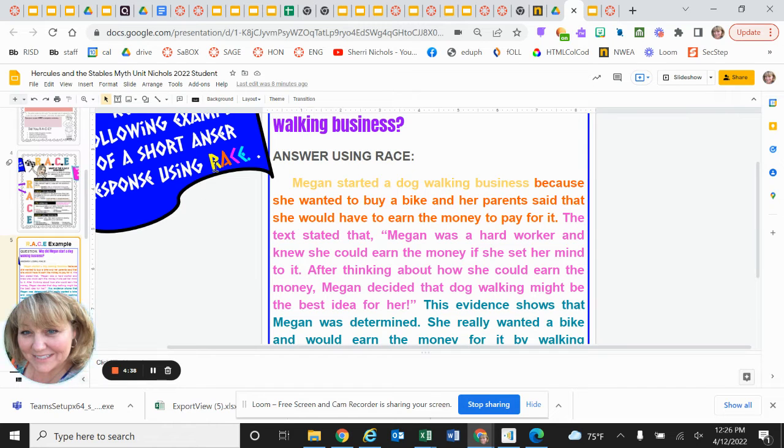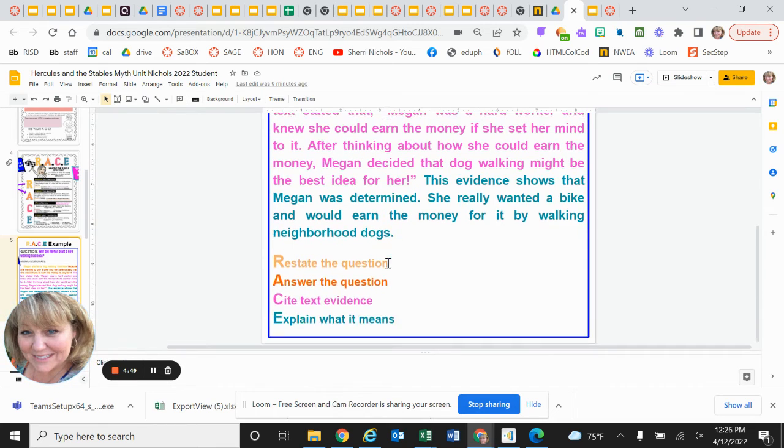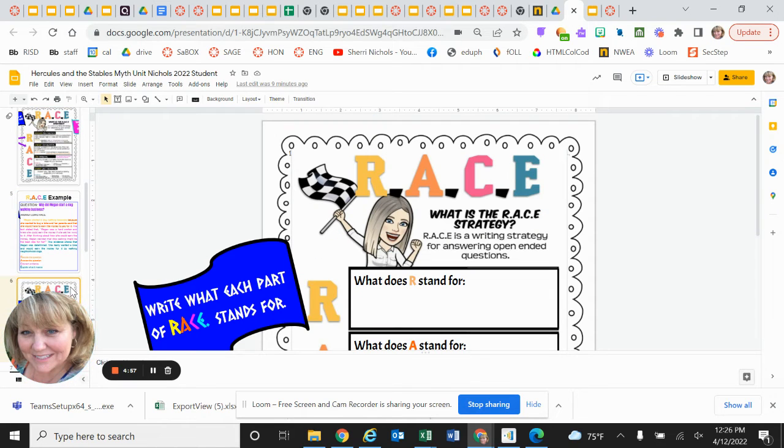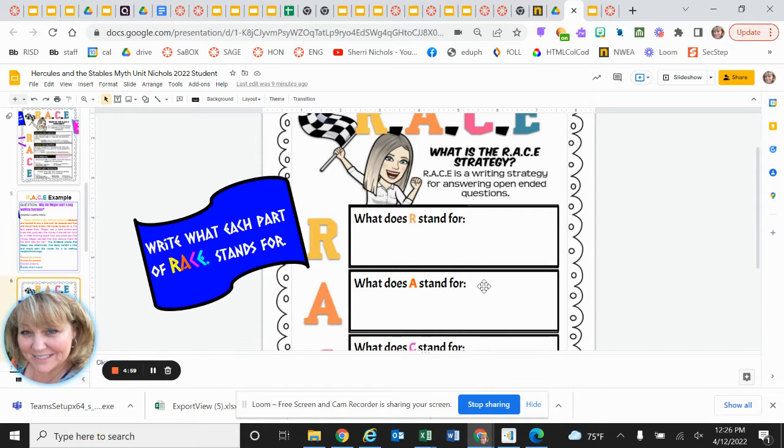So we have restate the question, answer the question, cite your answer, and then give evidence or explain your answer. So the evidence shows restate, answer, cite, explain, RACE, which is a perfect way to answer.